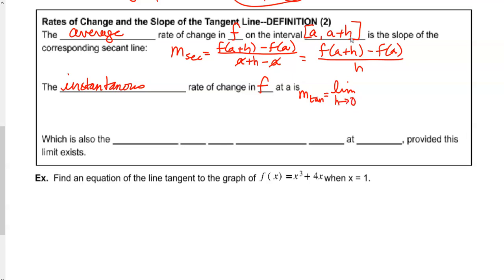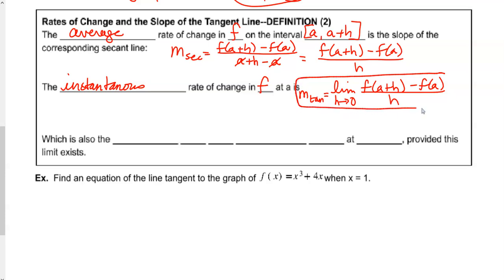If h is this very, very small amount that I'm adding to a, what happens when we get very, very close to 0, where we're very, very close to a? Well, this is our definition: f of a plus h minus f of a all over h. Hopefully you recognize that. I'm going to box that in because that's important. That's what they refer to as definition number 2.